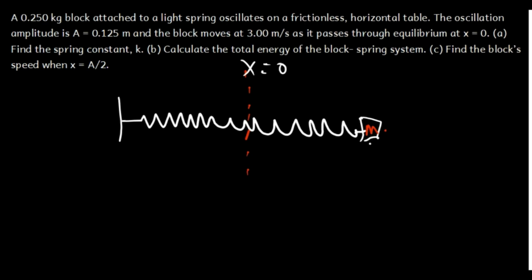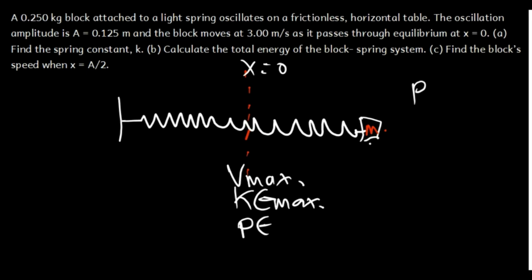Okay, so now if x is equal to 0, at this point we are going to have the maximum velocity, Vmax. If we have the maximum velocity, we expect the kinetic energy to be at its maximum. The elastic potential energy is half kx squared, so if x is 0, the potential energy is 0.